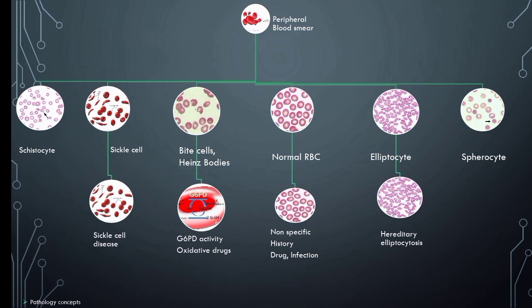If you find bite cells and the Heinz bodies in the peripheral smear, it may suggest G6PD deficiency. Oxidative hemolysis occurs when the normal processes are unable to reduce ferric 3 plus ion, also known as methemoglobin, to ferrous 2 plus ion, which carries the oxygen.